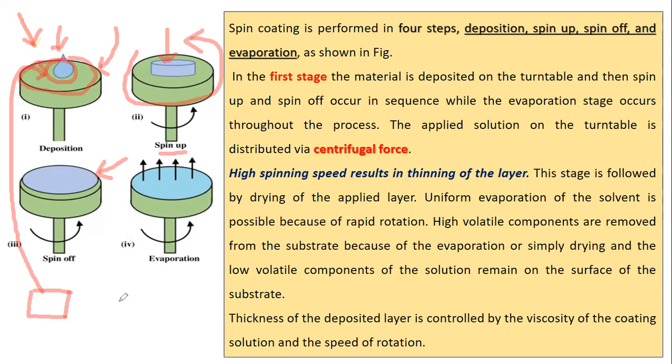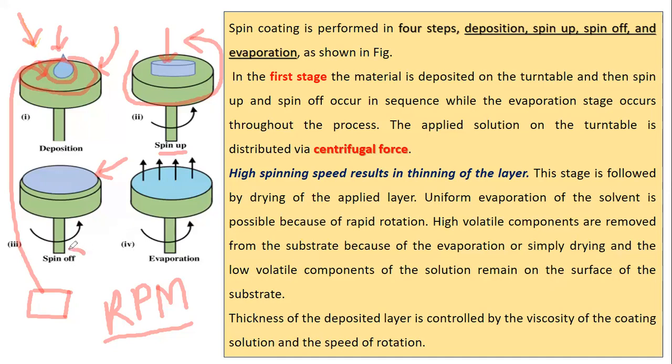If we increase the rpm, rpm means rotation per minute, and if we apply high rotation per minute, the layer created is very thin.